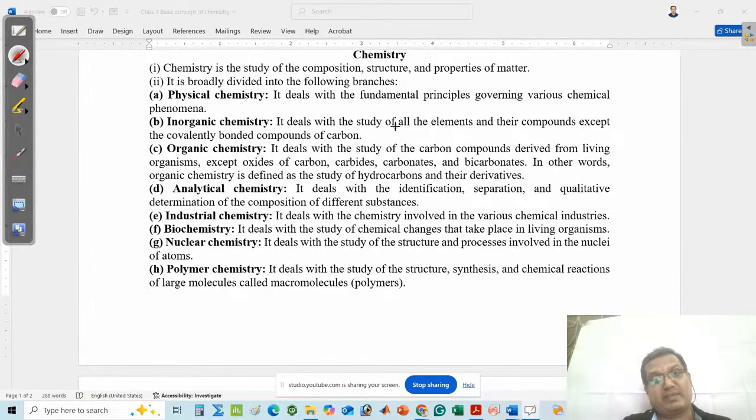What are the elements present and their compounds? The compounds means oxide compounds, chloride compounds, sulfide compounds. These are the compounds related to the inorganic elements, the elements present in the periodic table.